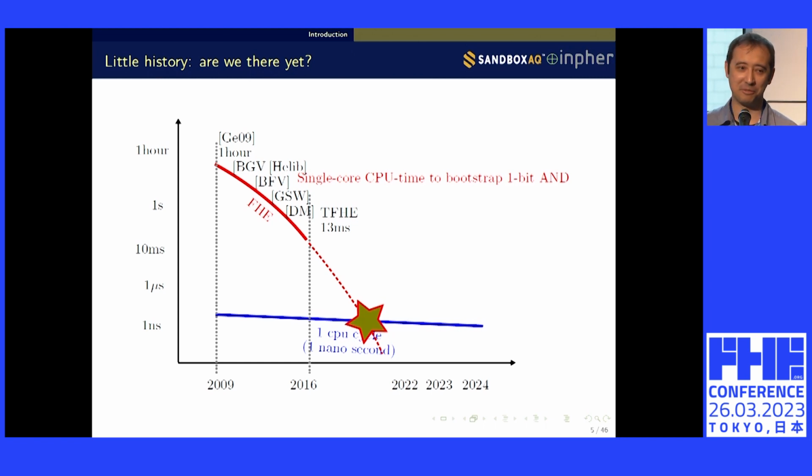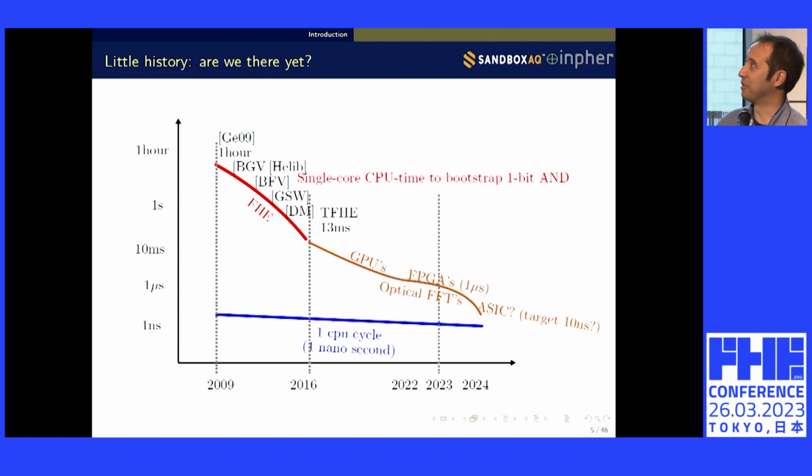Now we are in 2023, and obviously homomorphic encryption is still not as fast as plaintext. So the real curve looks like that.